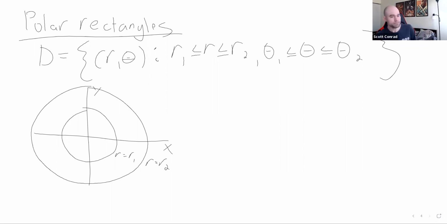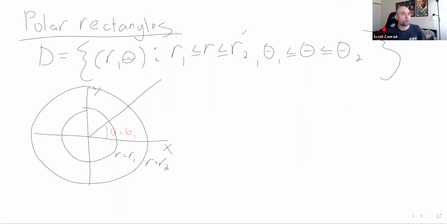Then if we look at theta, suppose this is theta 1. So suppose it's like pi over 4.